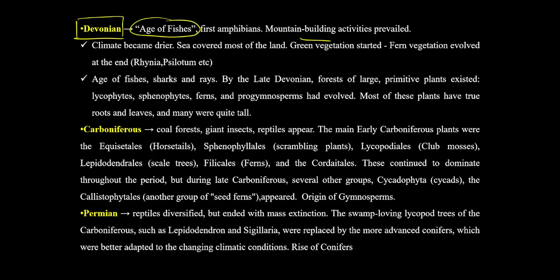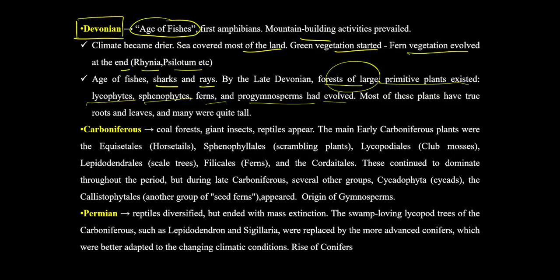The climate became drier, sea covered most of the land, green vegetation started growing, and fern vegetation evolved at the end, like Rhynia, Cooksonia, etc. Sharks and rays also appeared; fishes were the dominant form. By the late Devonian period, forests of large primitive plants existed, like lycophytes, sphenophytes, ferns, and progymnosperms.